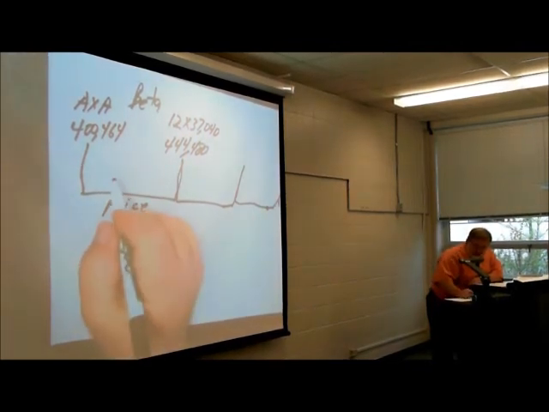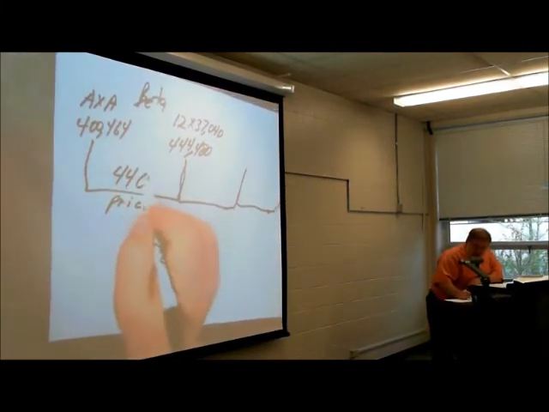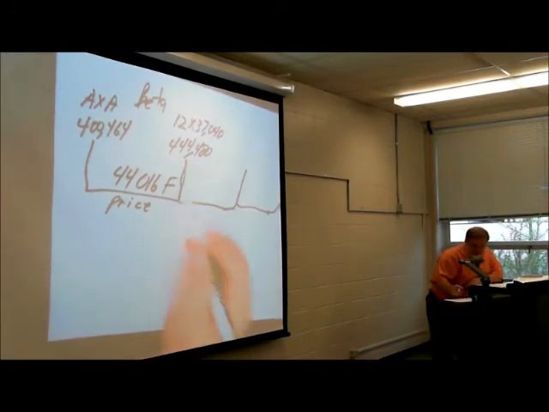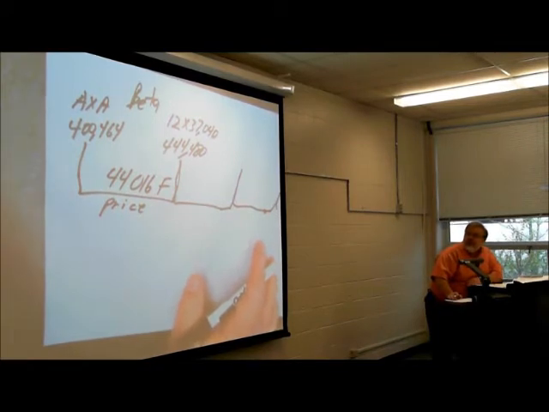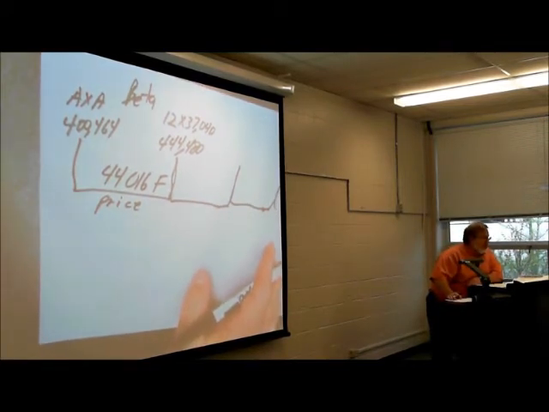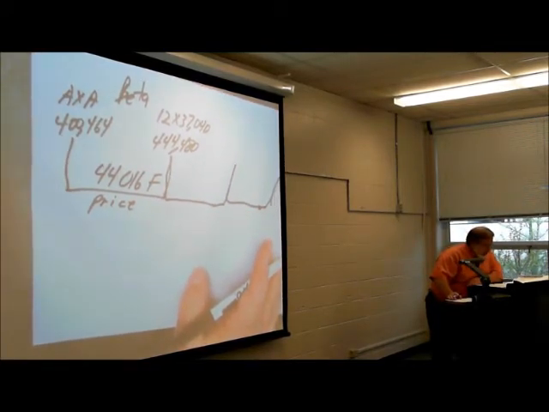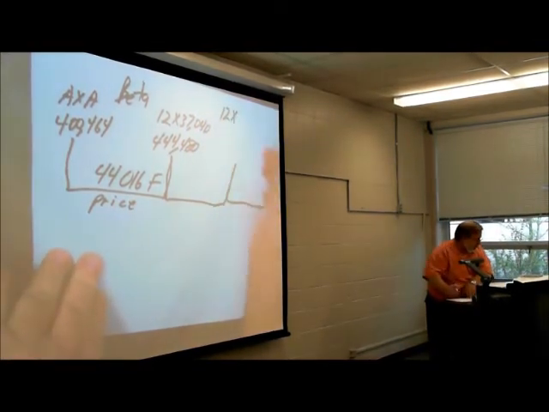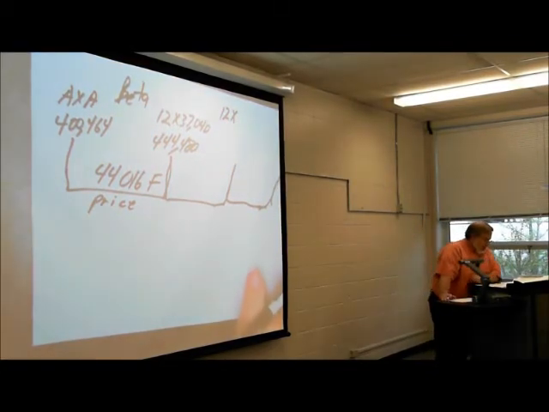44,016? Favorable or unfavorable? Favorable. We did something right behind it, right? Now, then we got to come up here and we're going to take, again, standard price, which we know is 12, times 36%.